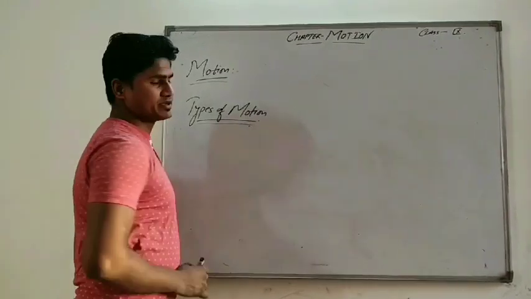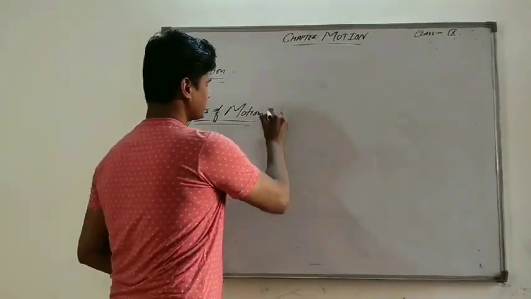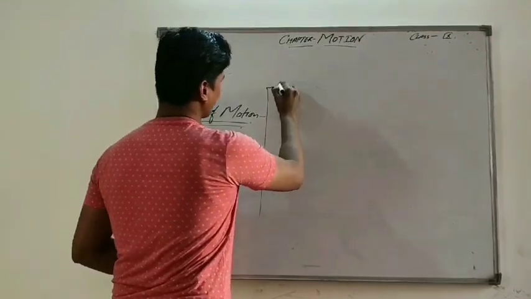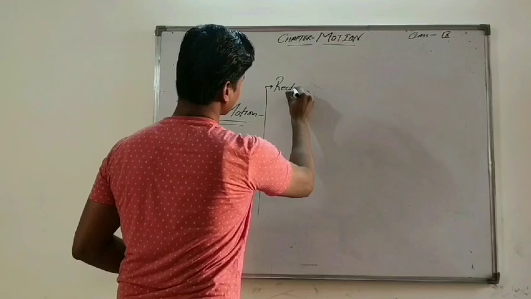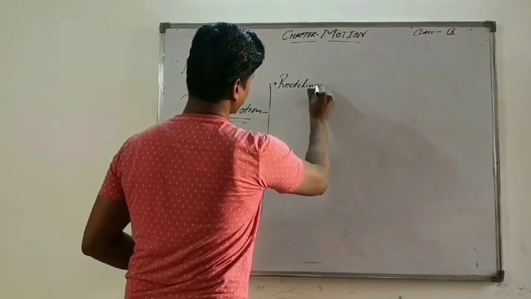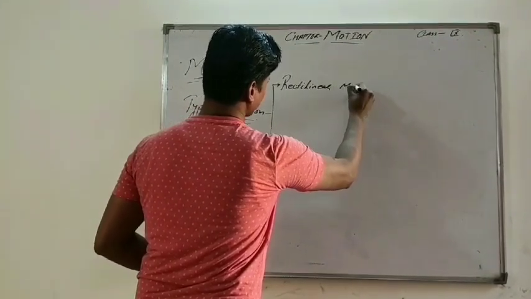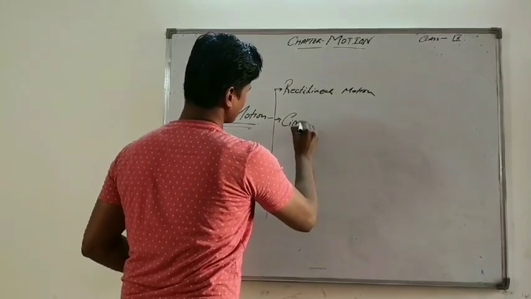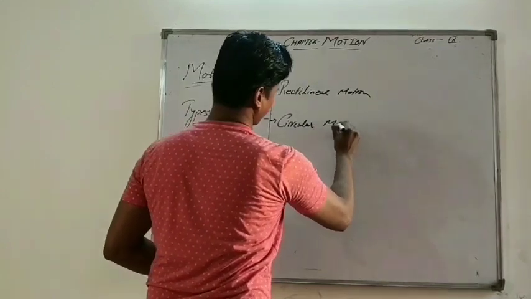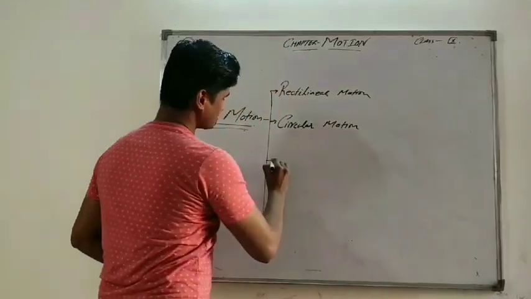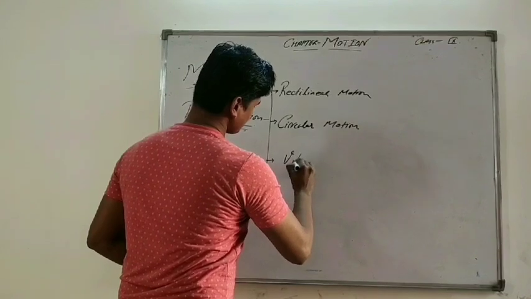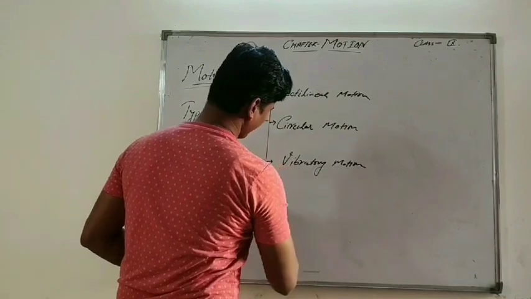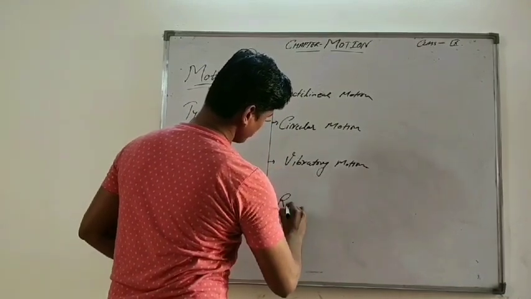Now we come to our next topic, that is types of motion. Students, there are the following categories of motion. First of all, rectilinear motion. Second is circular motion. Third is vibratory motion. And fourth is rotational motion.